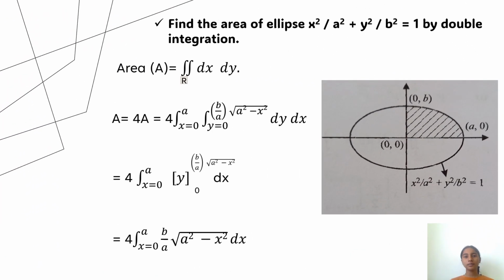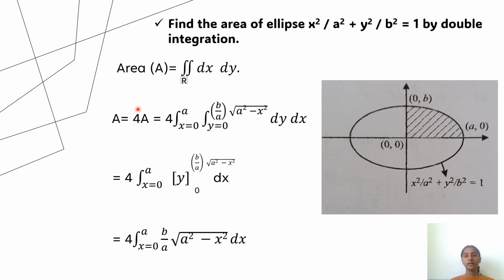Here we will discuss some problems on area and volume. First we will discuss the problem on area, that is to find the area of an ellipse x square by a square plus y square by b square equals 1 by double integration. So we know the formula area A equals double integration dx dy.